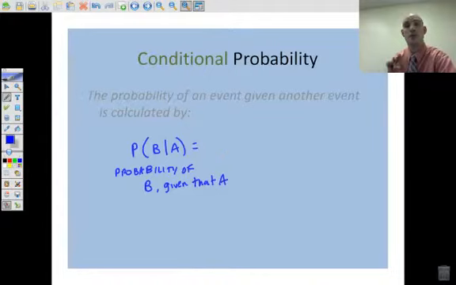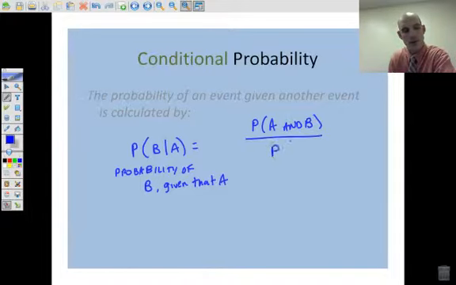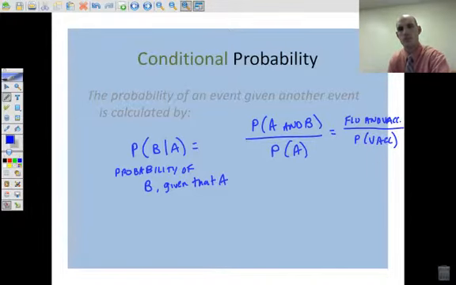What this means is the probability that something happens given that it has this condition, A. It's calculated by taking the probability of A and B happening and putting it over the probability of A, the number of outcomes from A. The probability of A and B happening together would be flu and vaccine, and from the previous example, the probability of A would be the probability of vaccine. We'll see how this looks mathematically in just a minute.